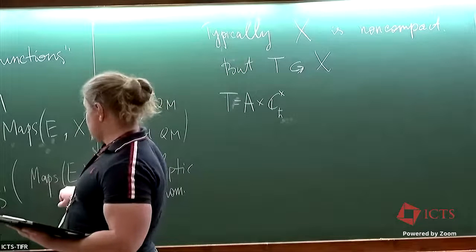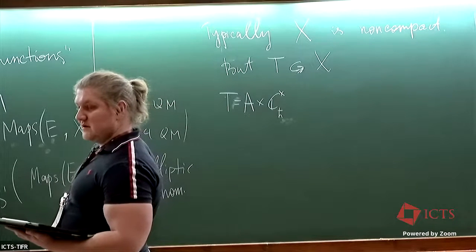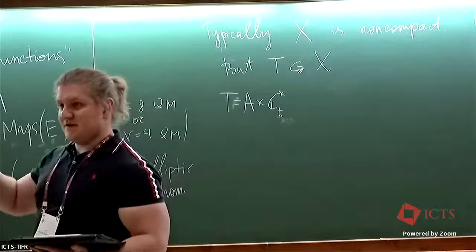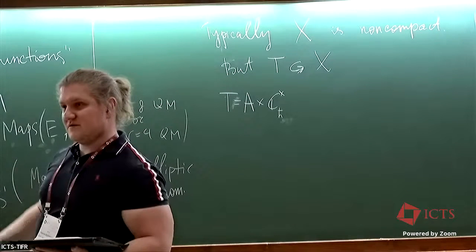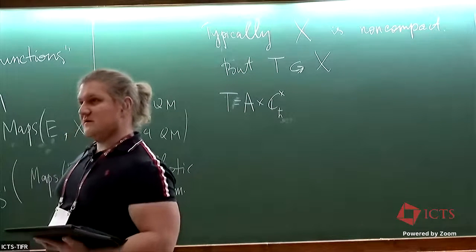These are maps from the torus to X. And so once you have such a map, you can start rotating the one cycles of the torus.